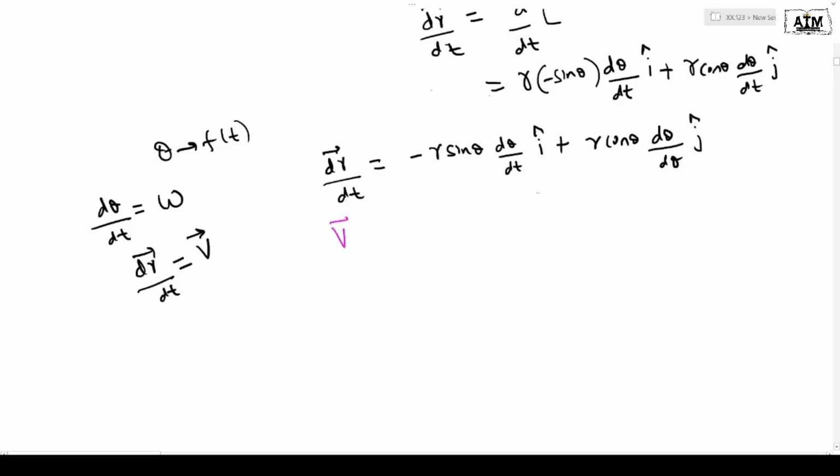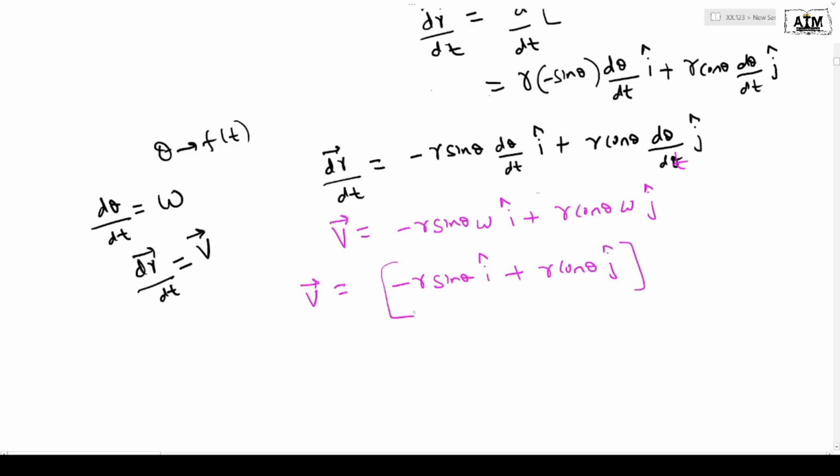Therefore vector v equals minus R sin theta. In place of d theta by dt, write omega, i cap plus R cos theta omega j cap. Taking omega common, we get omega outside the bracket, minus R sin theta i cap plus R cos theta j cap.